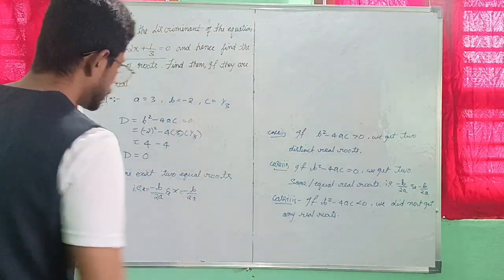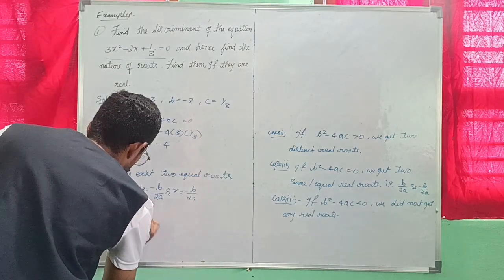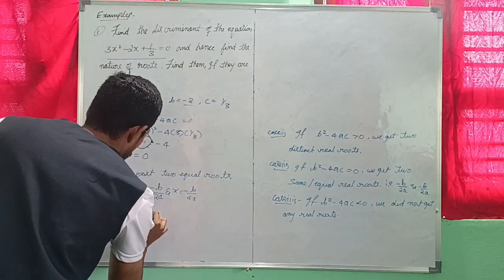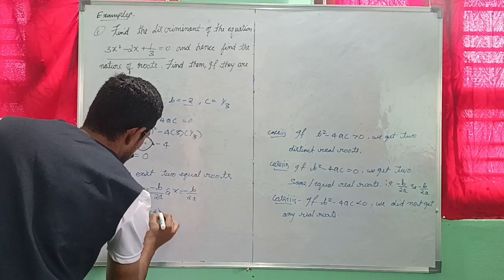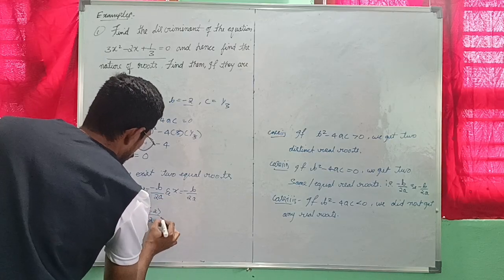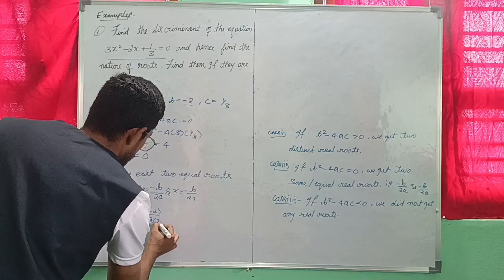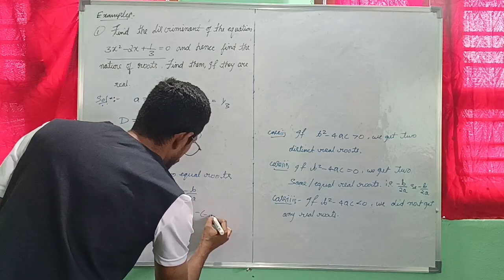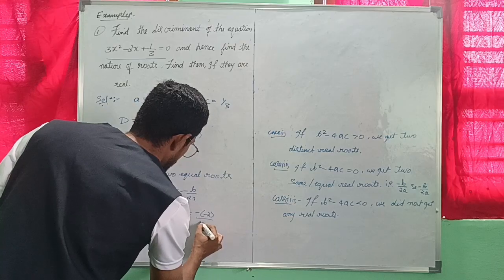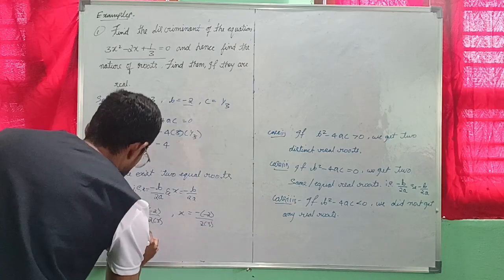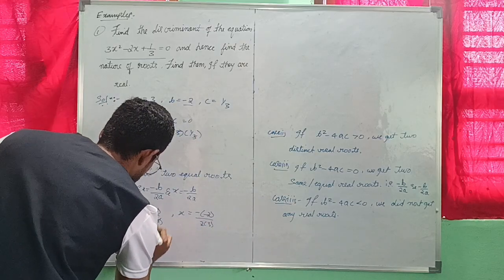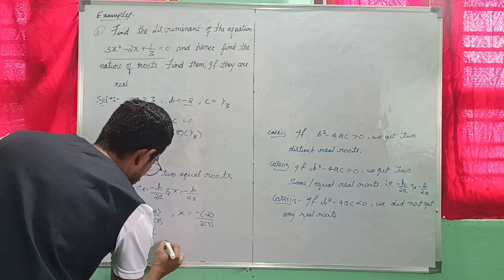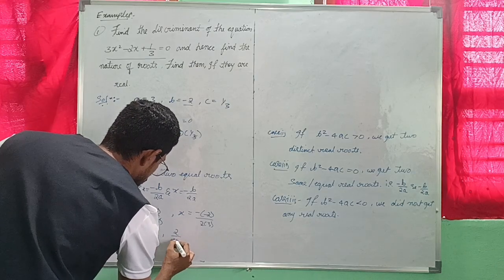Then x is equal to, what is b? b is minus 2, so minus into minus 2 divided by 2 into a, and a is 3. So x equals minus into minus 2 divided by 2 into 3, which is minus into minus plus, that is 2 by 6 and 2 by 6.